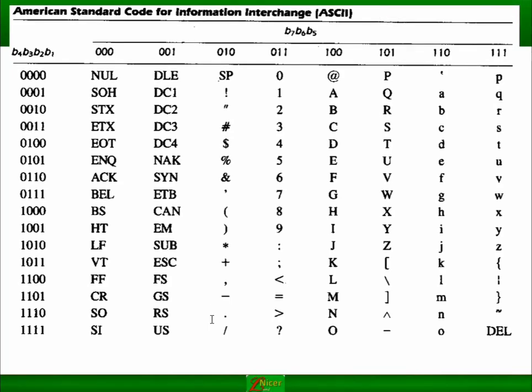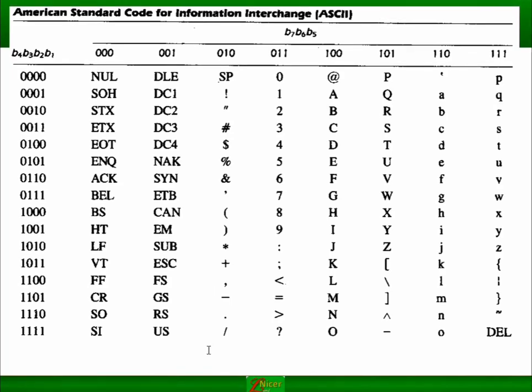This is the ASCII table. ASCII stands for American Standard Code for Information Interchange. The different signs and the different alphabets, when you press capital A, or the at-the-rate sign on our keyboard, these are the signals.